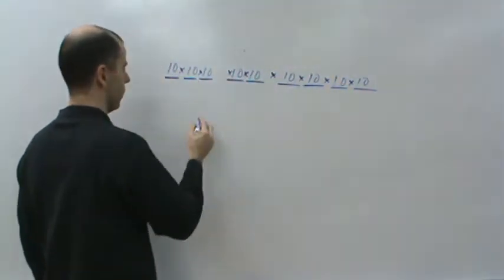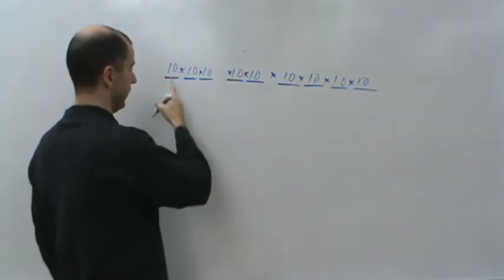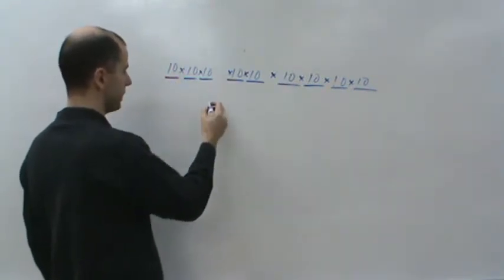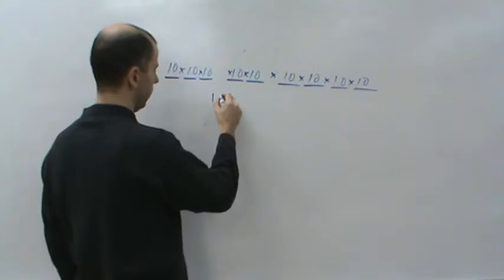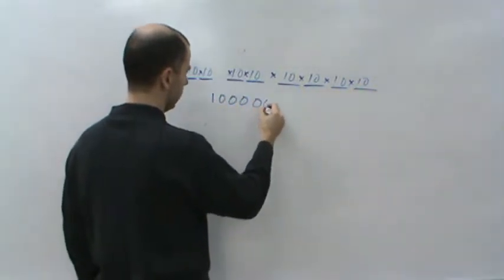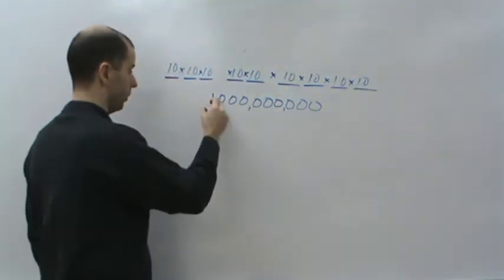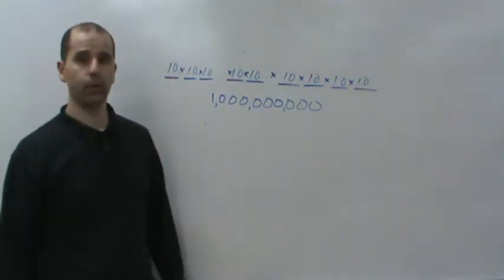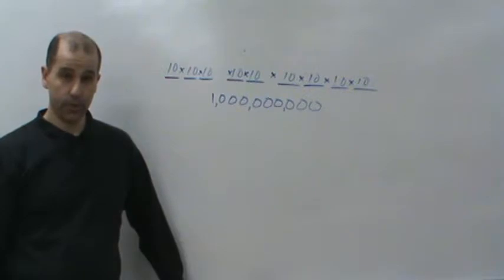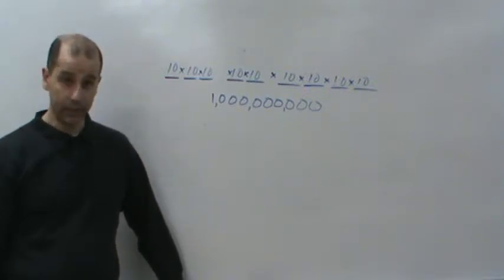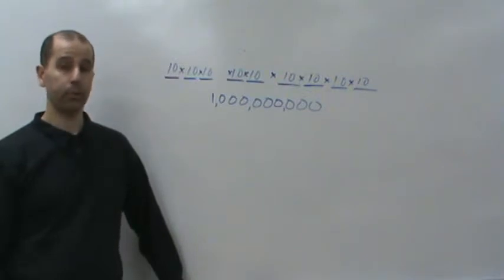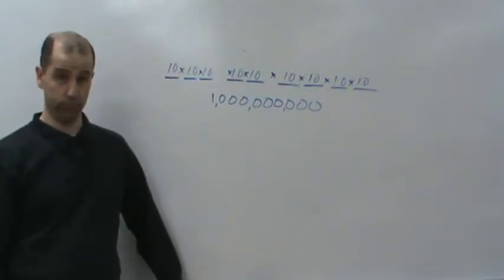And so what is this? Well, the answer's easy. Just count the tens, right? I have 9 tens, so it'll be 1 followed by 9 zeros. So how many possible Social Security numbers are there? 1 billion. Okay? So I think we have plenty of numbers to choose from.